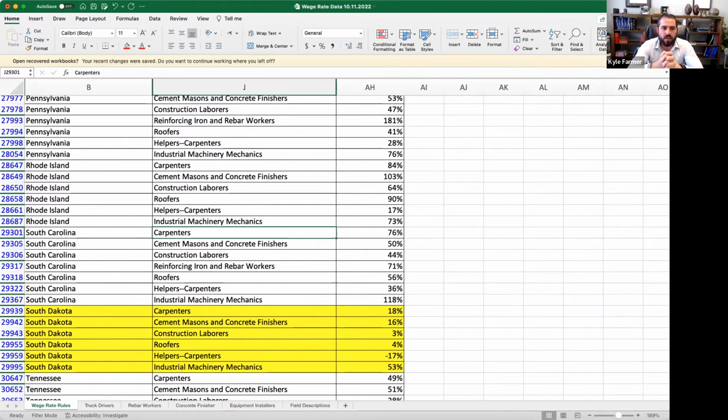Well, that would present some problems, because what if the equipment operating job SOC code wage rate is significantly higher than the carpenter? If the Department of Labor would have known that going into it, they would have applied the higher wage rate to the whole application.